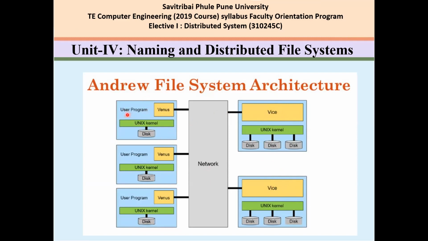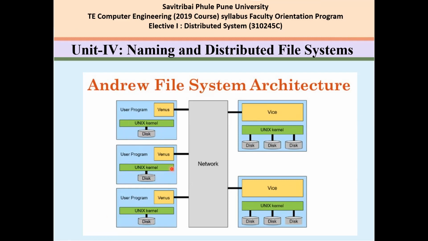Now here you can see a number of user programs running on the left-hand side, let's say the client side. The user programs, through Venus, interact through the communication channel or network with Vice, the set of servers. At each client side you can see the Unix kernel, which is connected to the disk or data store from where the files will be fetched, and the appropriate request will be made.